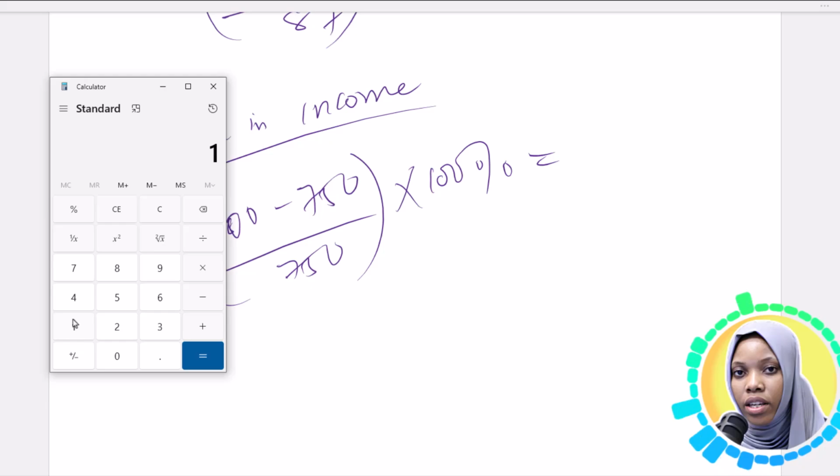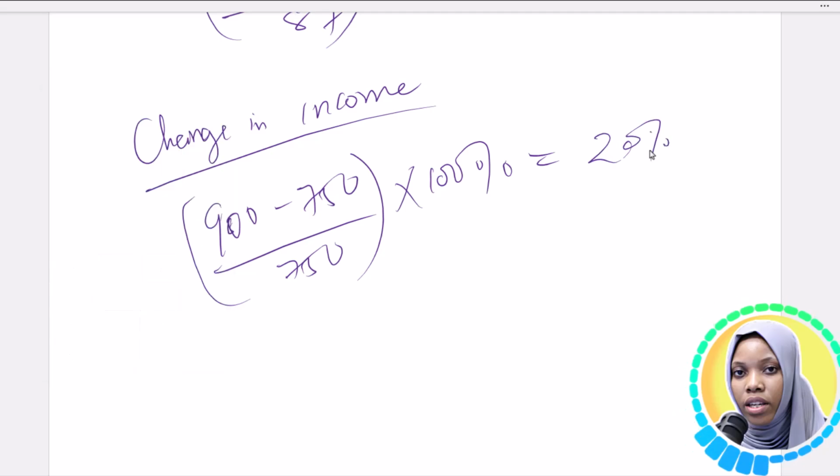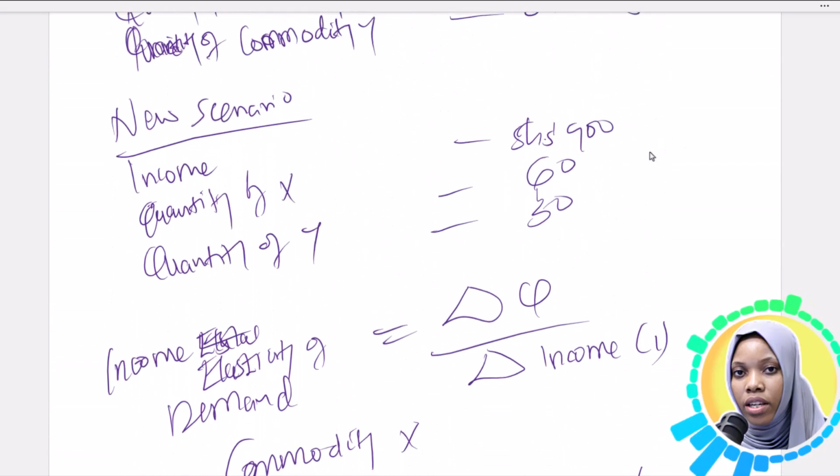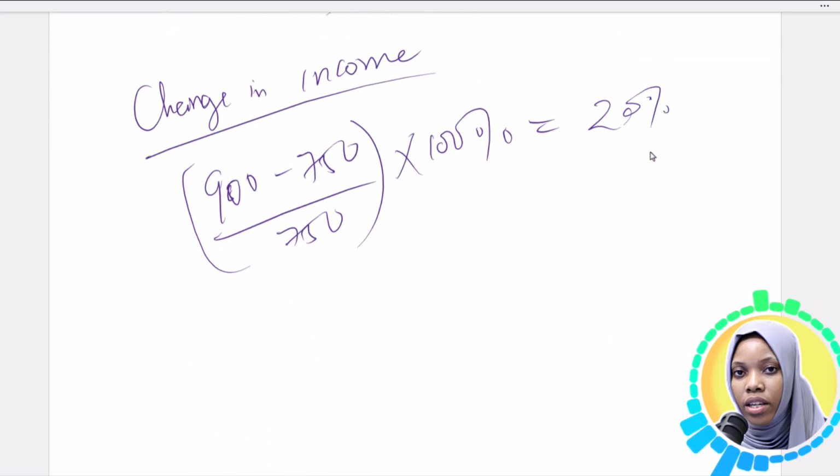It's 150 divided by 750. It's 20%. Now we calculate the income elasticity for product X.